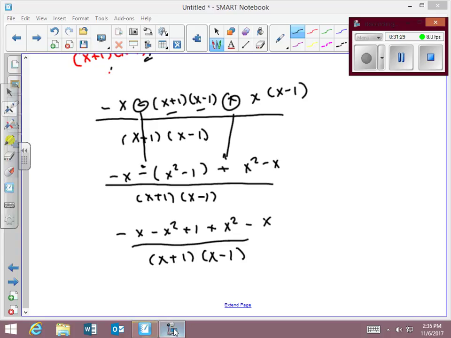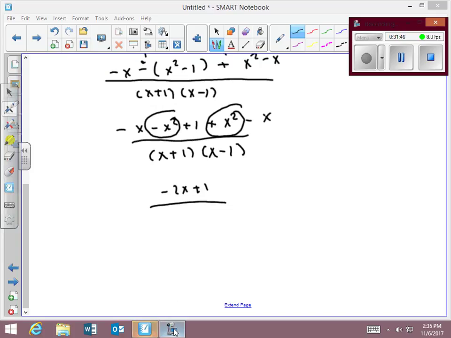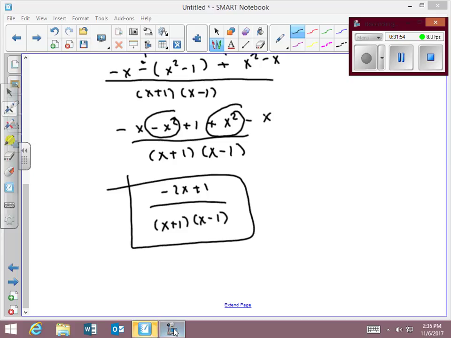Notice that starting out with the highest degree term, this one and this one cancel, right? What I have is a negative 2x plus 1 in the numerator, and I have x plus 1, x minus 1 in the denominator. And I cannot reduce that any further, so that's my answer.